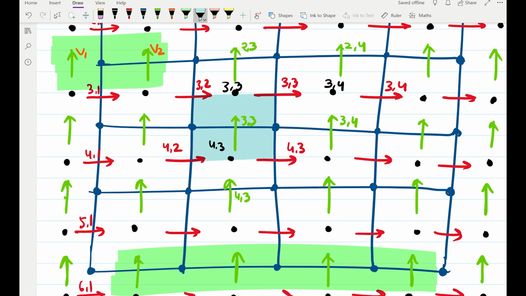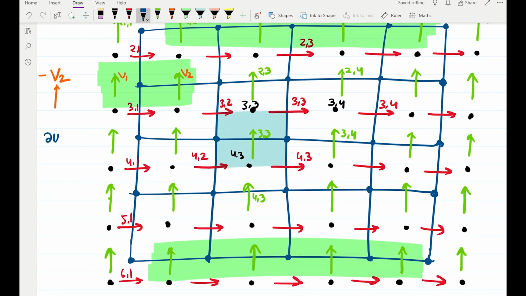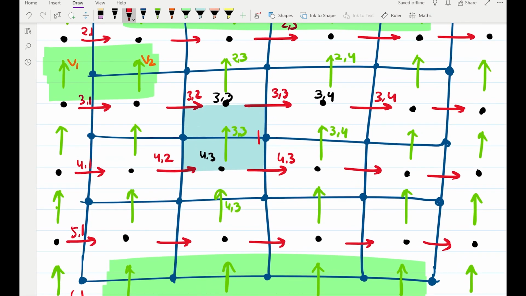So for instance, the first term is del uv divided by del x. In that, what you can do is calculate the product of u and v at this point and the product of u and v at this point through interpolation.